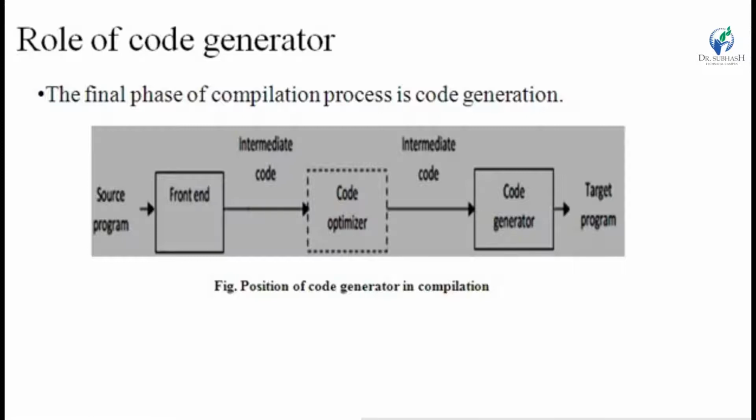It passes to code optimizer. Then it passes the intermediate code to code generator and code generator produces the target program. So your target code should have different properties like correctness, efficient use of resources of target code, quick code generation and high quality.